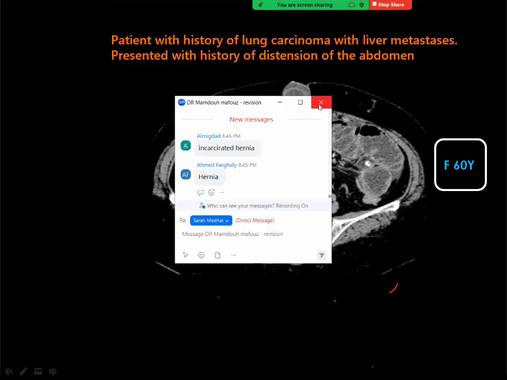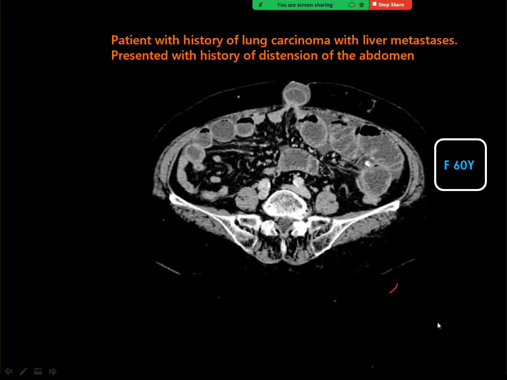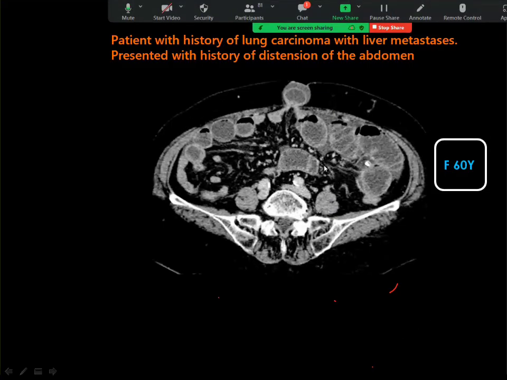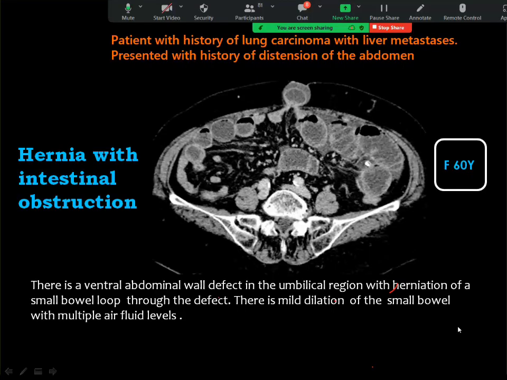Yes, and the answer is right. This is incarcerated hernia. There is one of the small bowel loops that has been incarcerated in a narrow neck hernial sac, and consequently the small bowel is obstructed and you got multiple air fluid levels. Then this is hernia with intestinal obstruction.